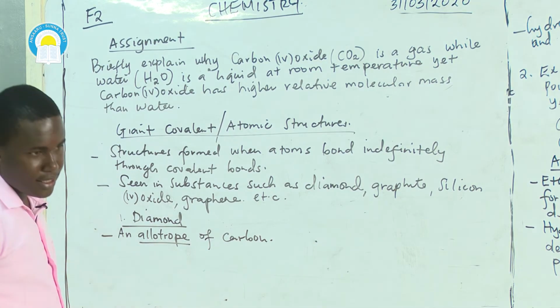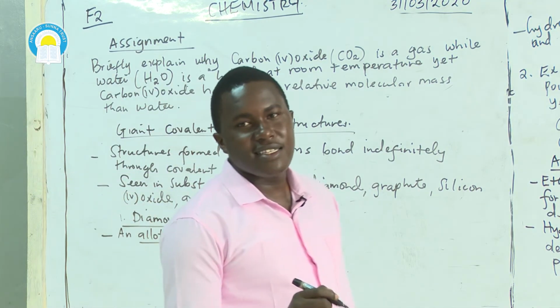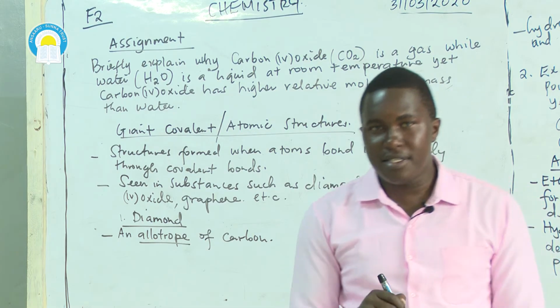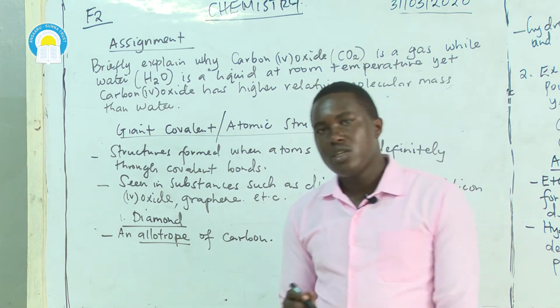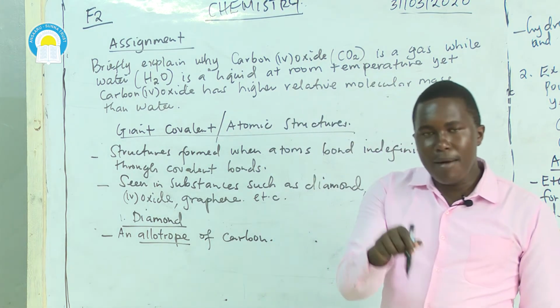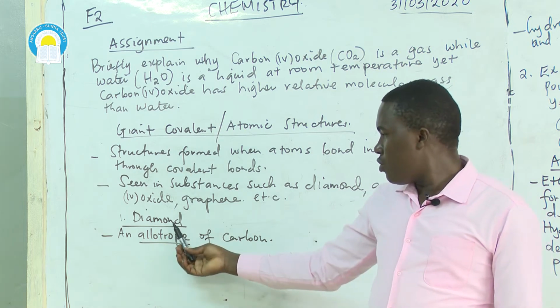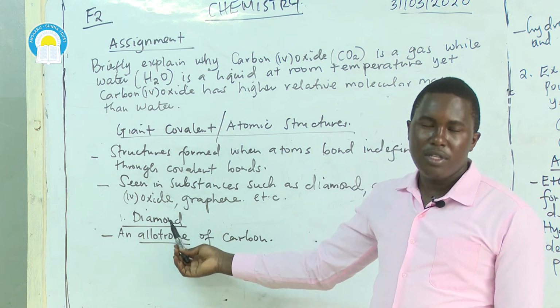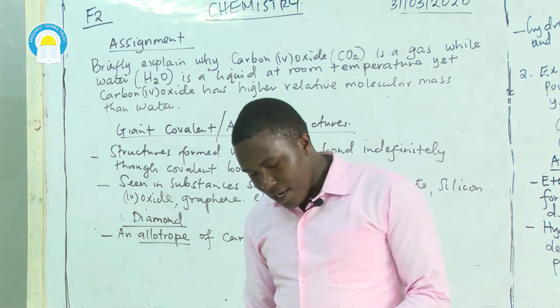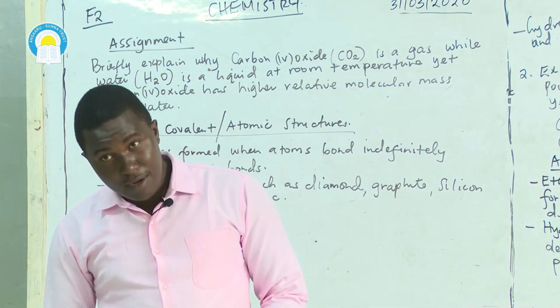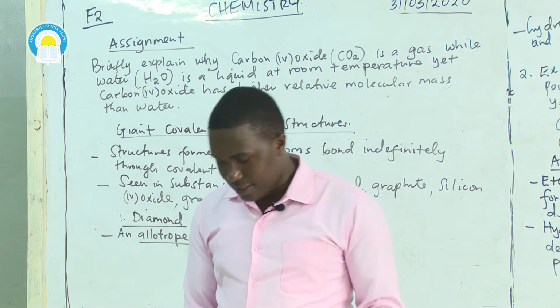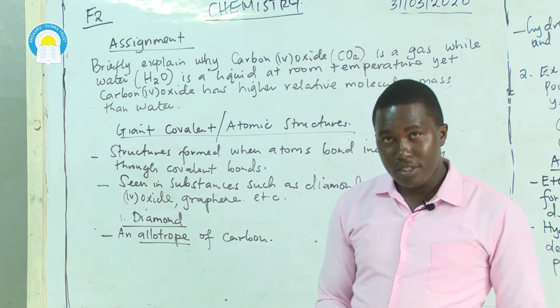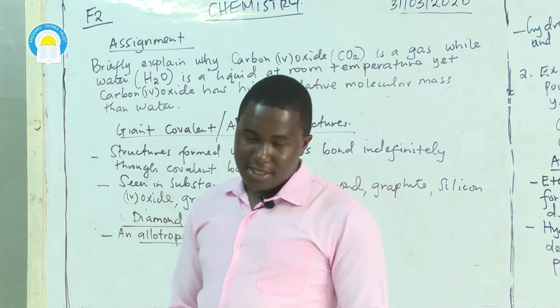In other words, carbon has various ways in which it exists in the physical state. So one way you can find carbon existing is through diamond. There are also some other allotropes in which you can find carbon existing.